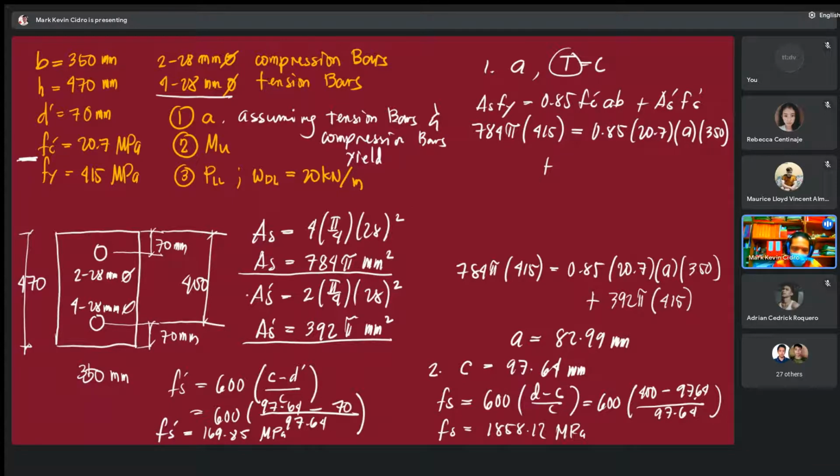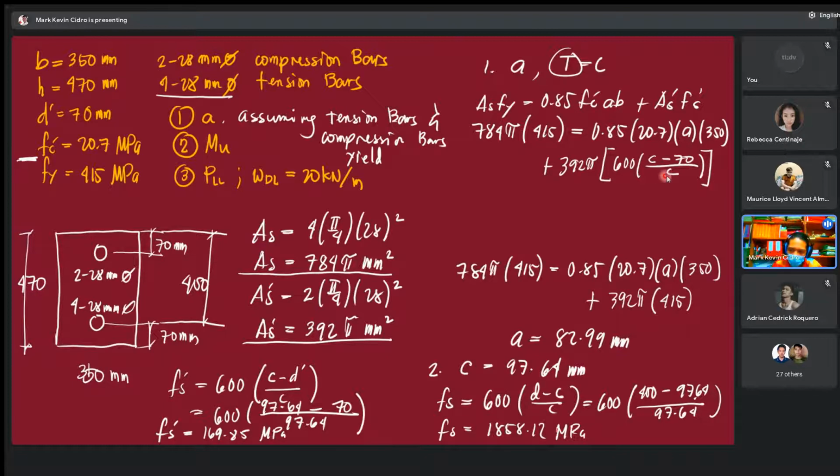Your As' is 392 pi multiplied by Fs'. The formula for Fs', I explained earlier, is 600 multiplied by (c minus d') which is 70, all over c.